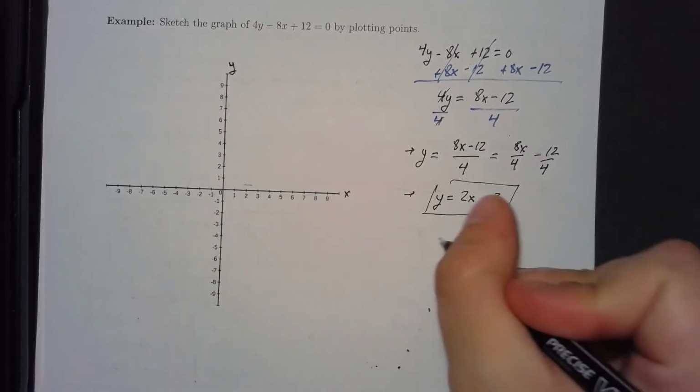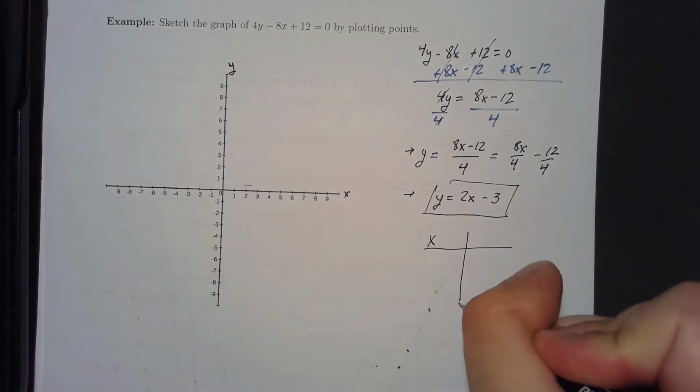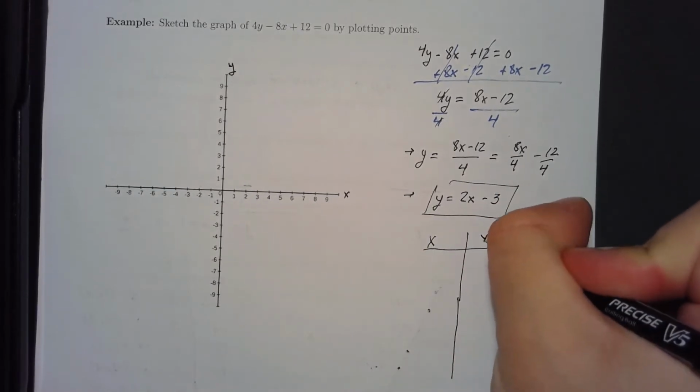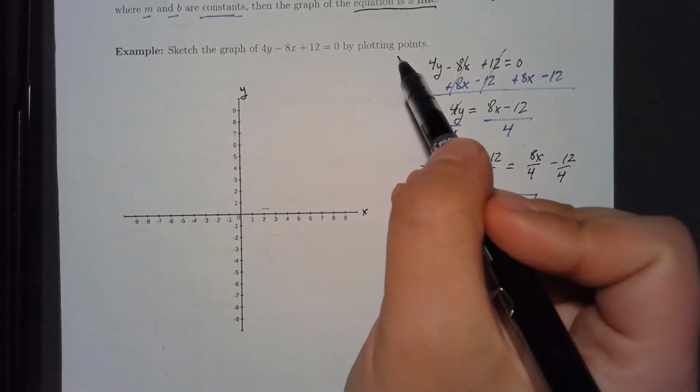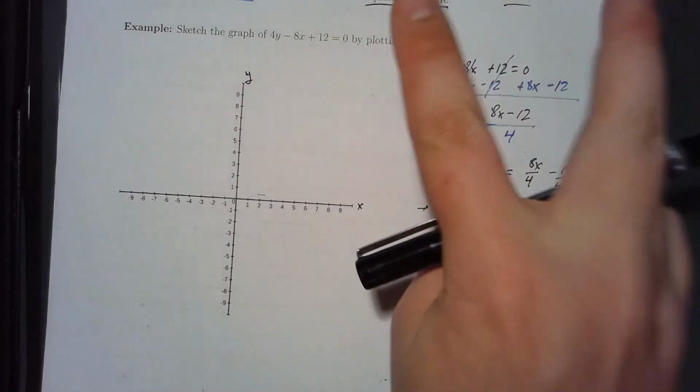So now let's make some values. Again, it says by plotting points. Technically you only need 2 points.